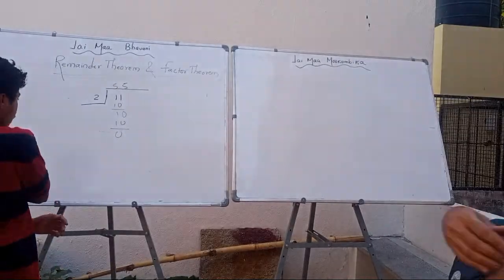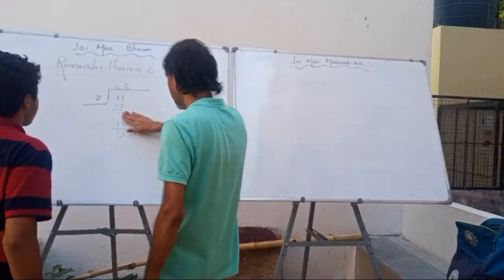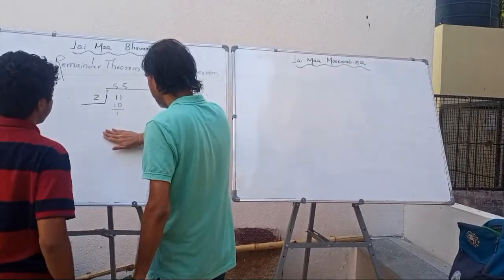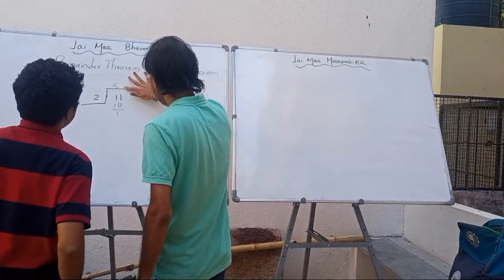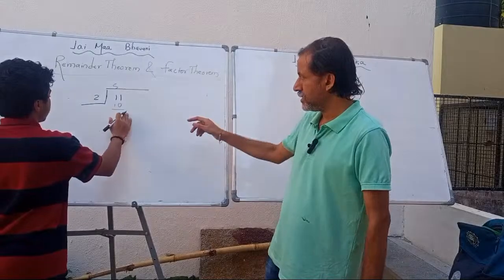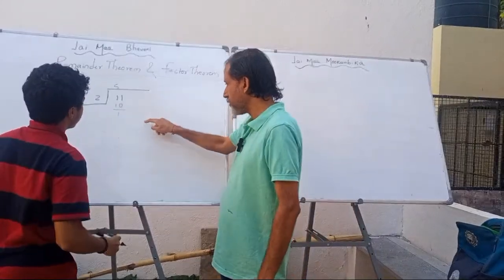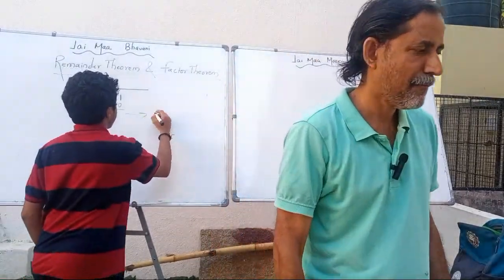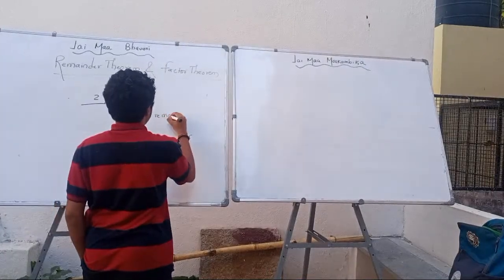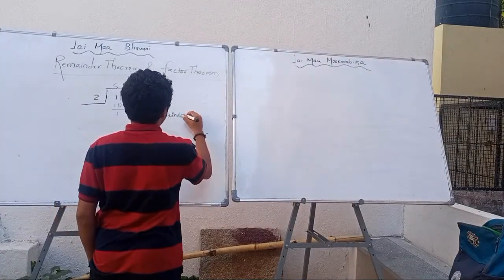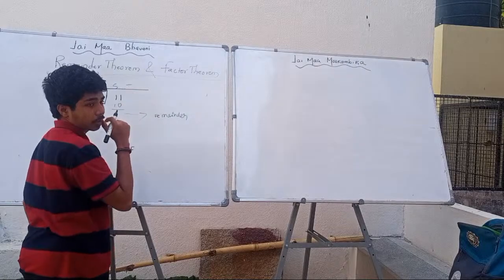I don't need the decimal, I just need the remainder. So show me, one arrow, say remainder. This is the remainder. Okay, very good. Show me the quotient. This is the quotient, right?